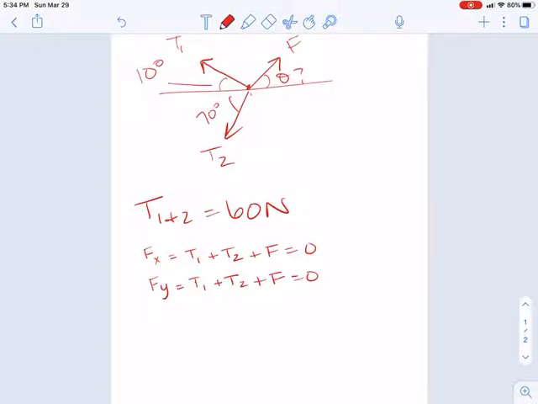So see how, as far as tension 1 is concerned, if we're doing the x first, it's going in the negative x direction.